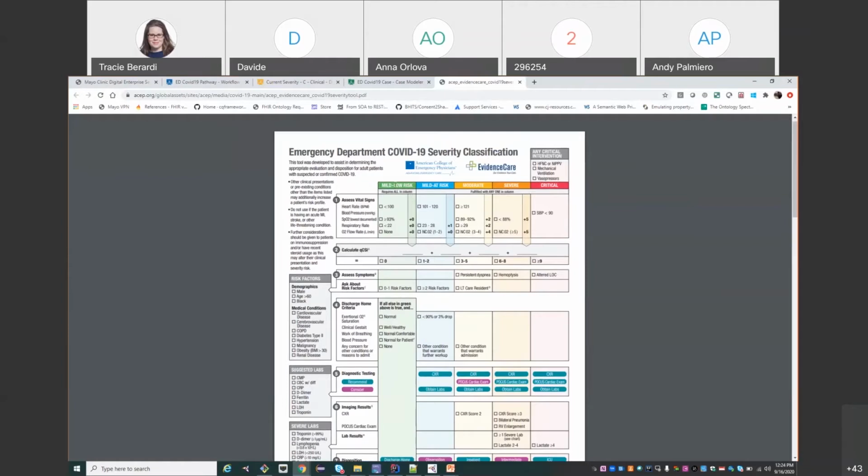But the core element is the stratification of the risk factors using multiple alternative criteria: vital signs versus a scoring model versus symptoms versus diagnostic and imaging. Different criteria that concur and need to be reconciled to classify the patient.